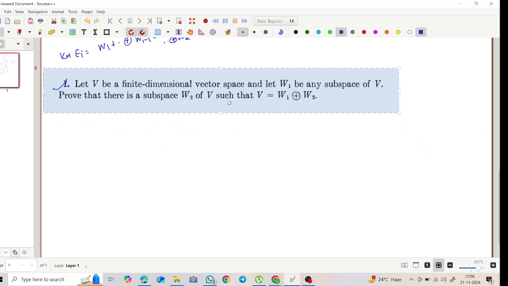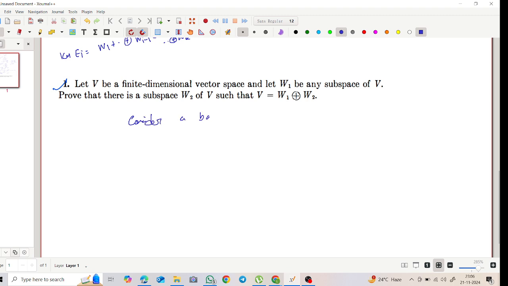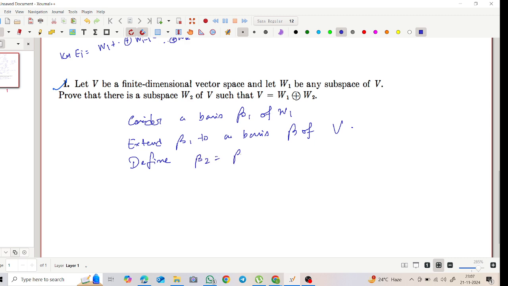Let V be a finite dimensional vector space, W be any subspace of V. So consider a basis beta 1 of W, extend beta 1 to a basis beta of V, define beta 2 to be beta minus beta 1, and define W2 to be the span of beta 2.